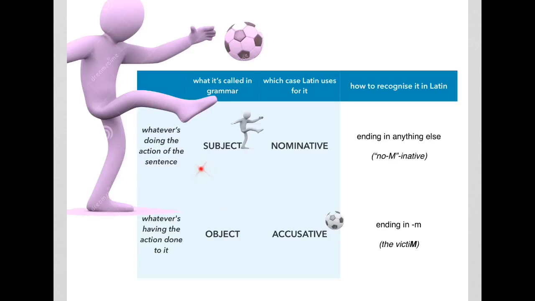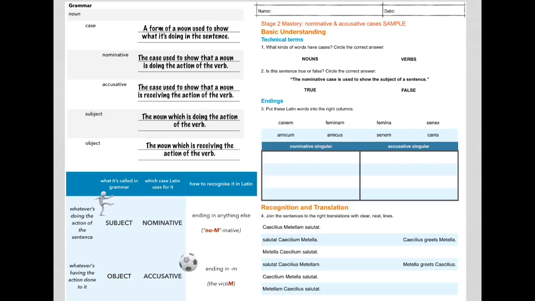So the subject is the doer and is in the nominative case and doesn't have an M on the end. The thing having something done to it is called the object, is in the accusative case and does have an M on the end. Quite a lot to pick up, but it's just two rows of a table. It's not impossible to remember, I think.